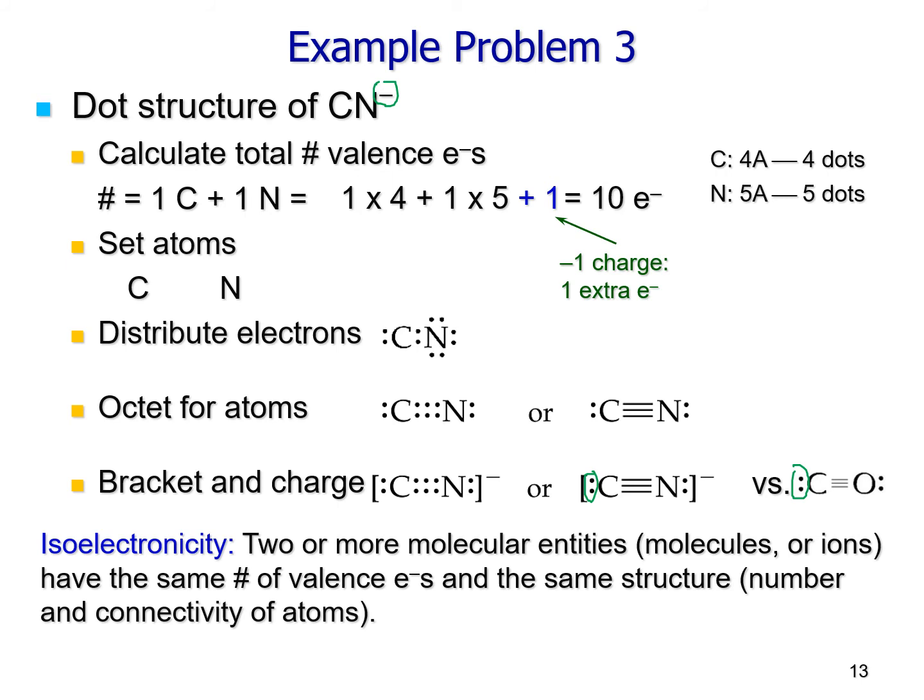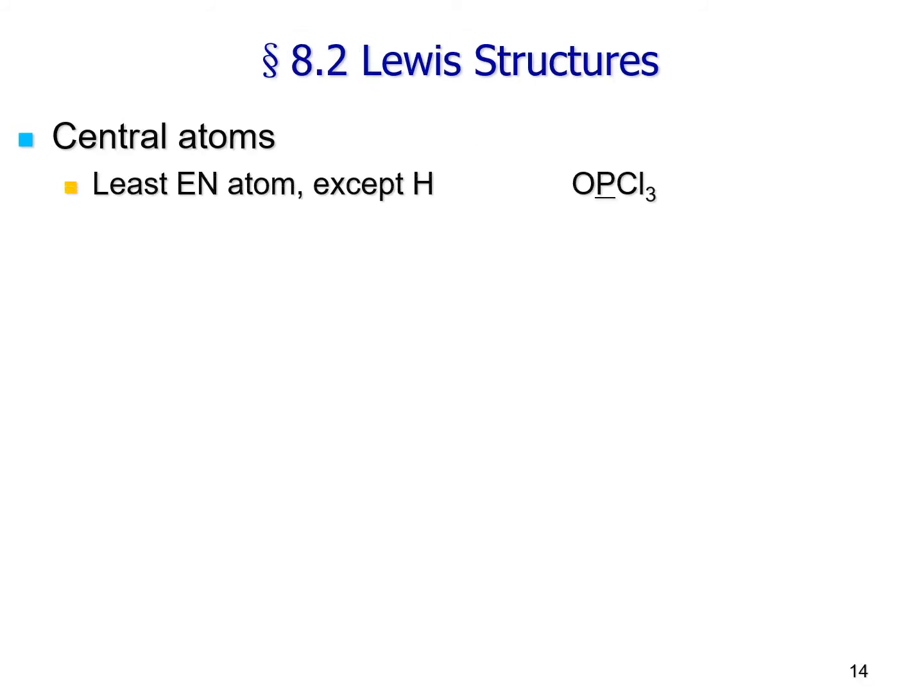For example, diatomic. Alright, before we talk about the VSEPR, a few things I'd like to point out. First, when we write up a formula from now on, we do not always put the least electronegative element in the first place.